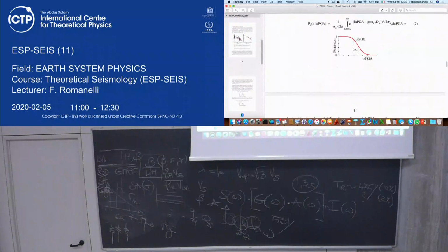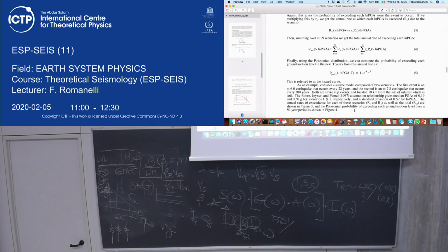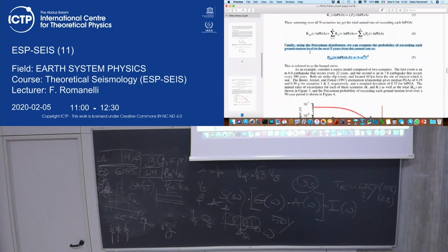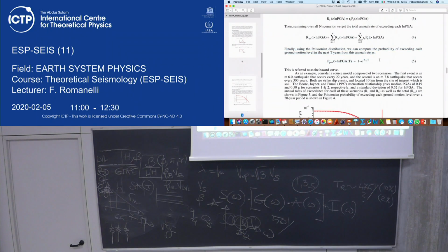Third and last, this step here. Actually, this step, in my opinion, is not necessary, because the hazard curve here does not make use of a Poissonian assumption. That's a violent assumption. But if you do the Poissonian assumption, then you can put here some percentages, some periods, 10%, 50 years, and that's it.